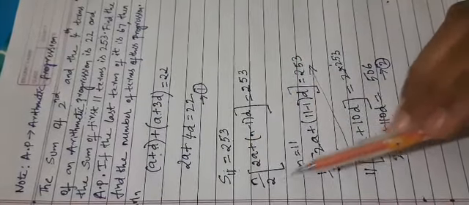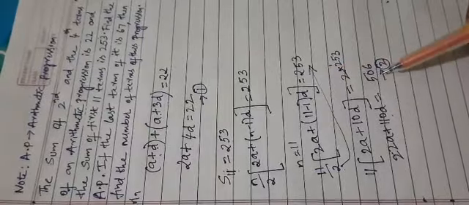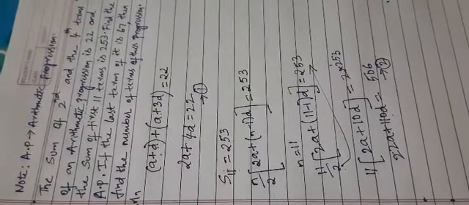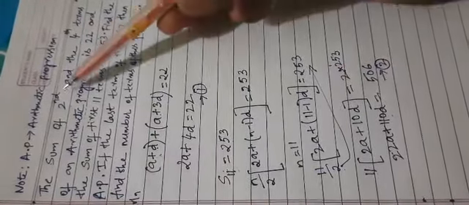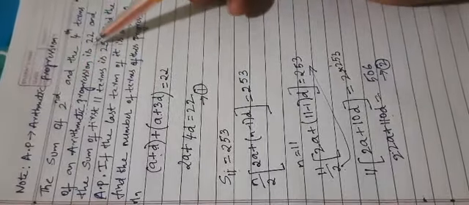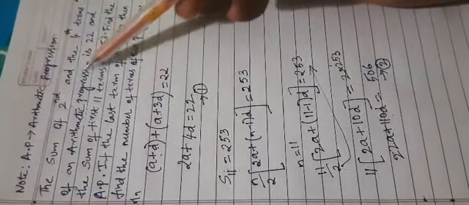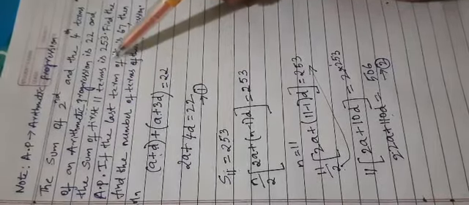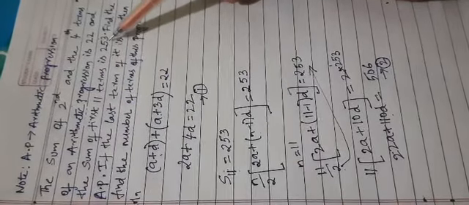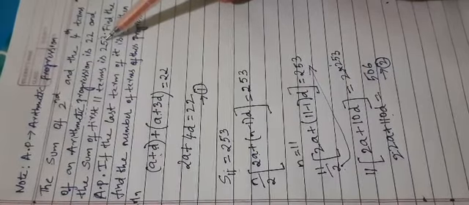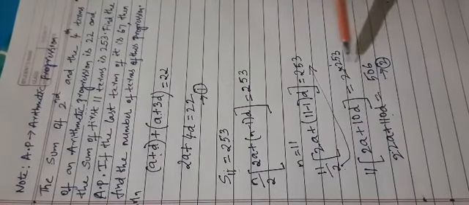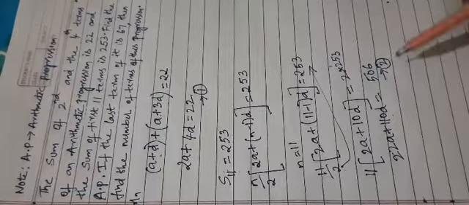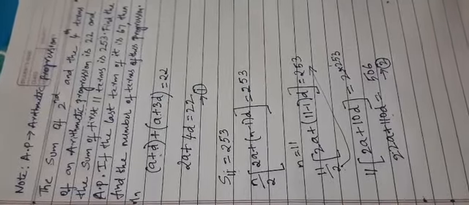After all simplification, we got equation number 2. This is the first equation, and the sum of first 11 terms, S11 equal to 253, is the second equation.